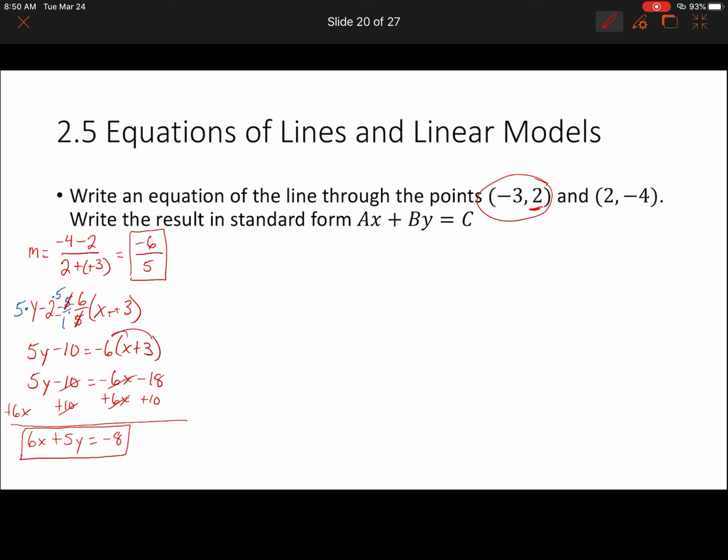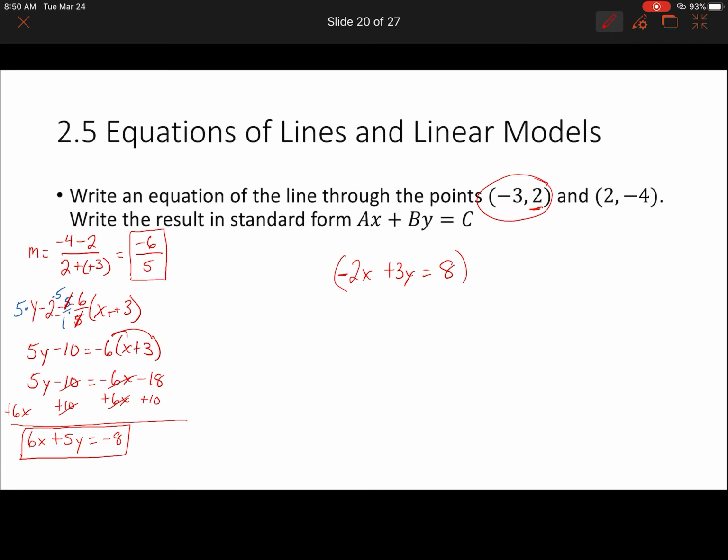Now, let me tell you what's going to happen on a problem or two in your math lab. As you're working this homework by yourself, there's going to be a situation where you may end up with a negative for that first number. So I'm just going to make another problem up here. Let's say you put it in standard form, and you get negative 2x plus 3y equals 8. If you were to put that in as your standard form in your math lab, it's going to tell you it's wrong.